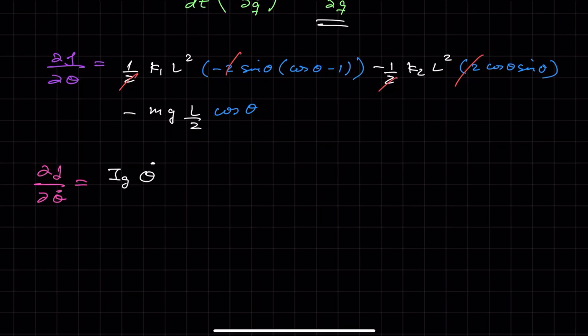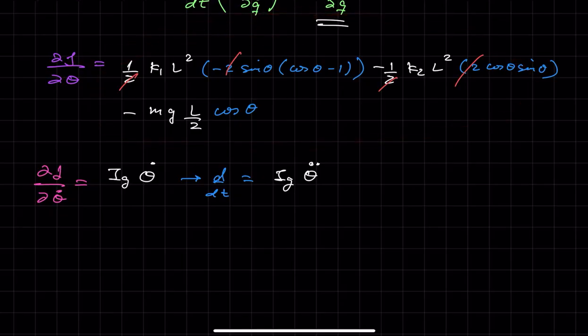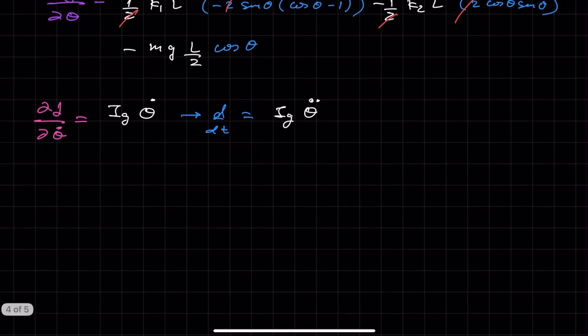Okay, well, with that I can show you that we have to take the derivative with respect to time, and I get the inertia times theta double dot. Okay, right now we have to make that part negative and add this.